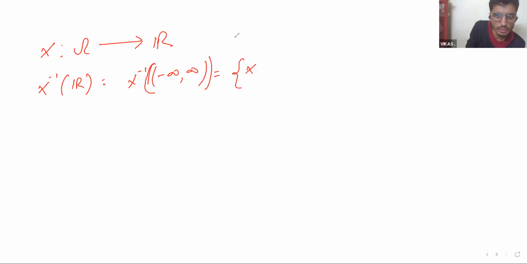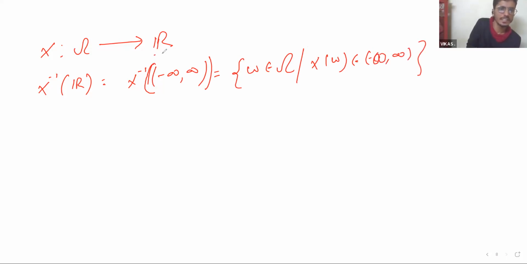This is the collection of all the omega belongs to script F such that X of omega belongs to minus infinity to plus infinity. And you can see that this is the codomain of this function.